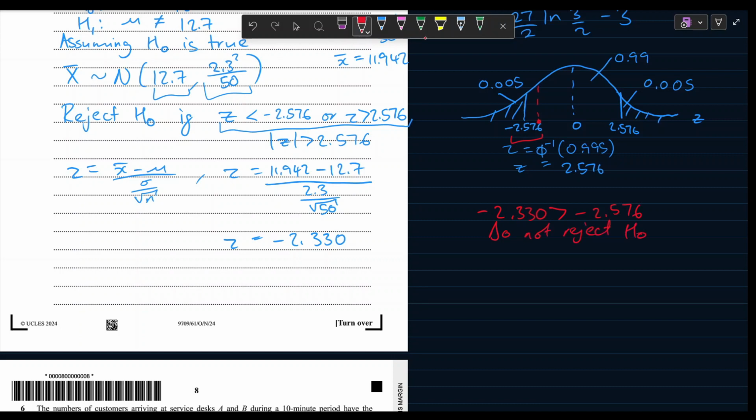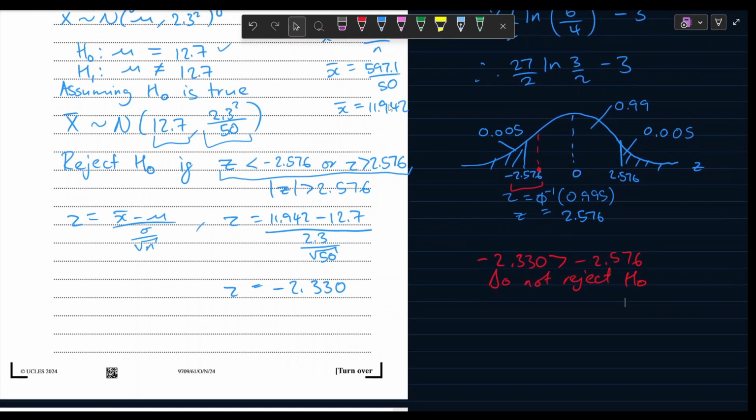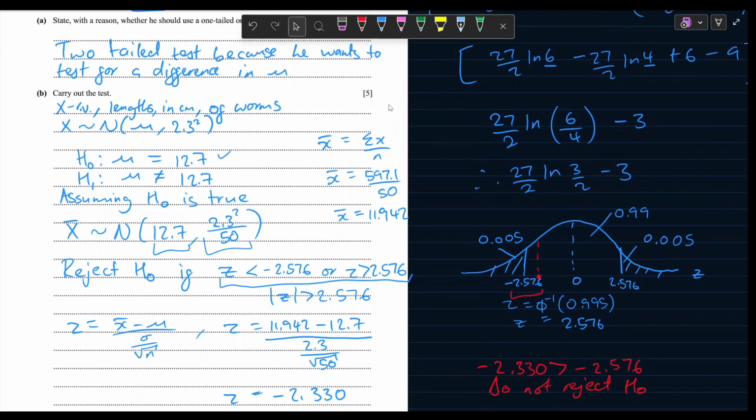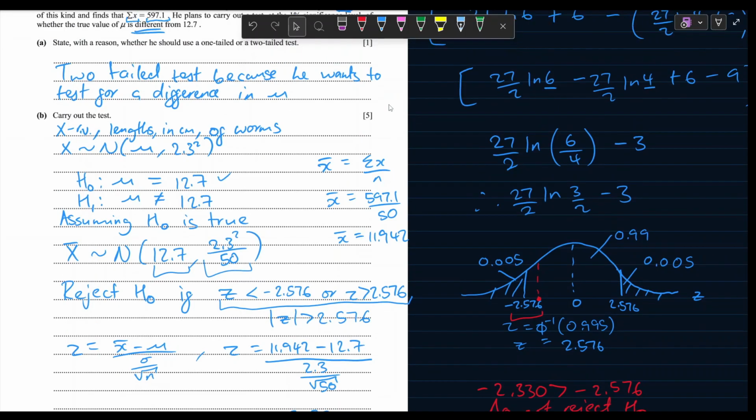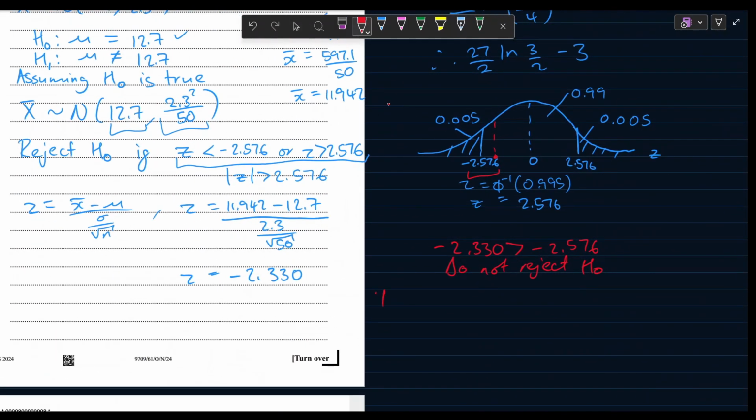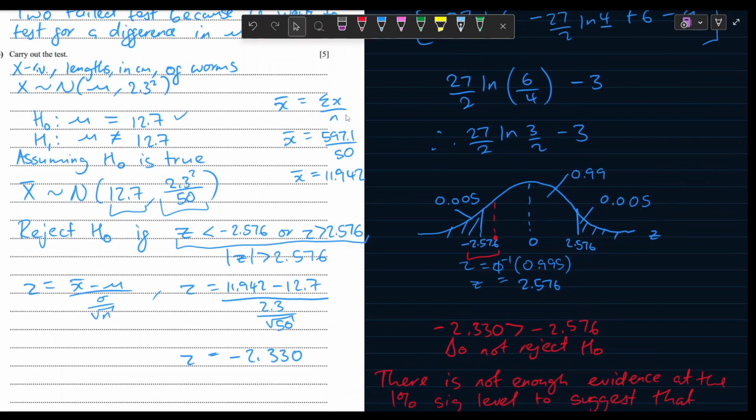And now we have to conclude in context. We were testing to see if there is a difference, and we do not have enough evidence to say that there is a difference. So we can say that there is not enough evidence at the 1% significance level to suggest that, let's just see how they worded it.